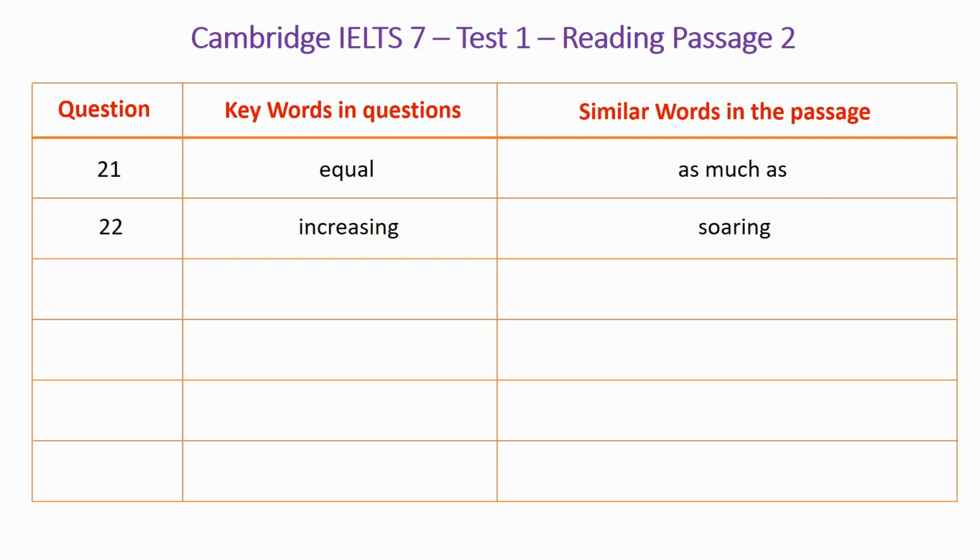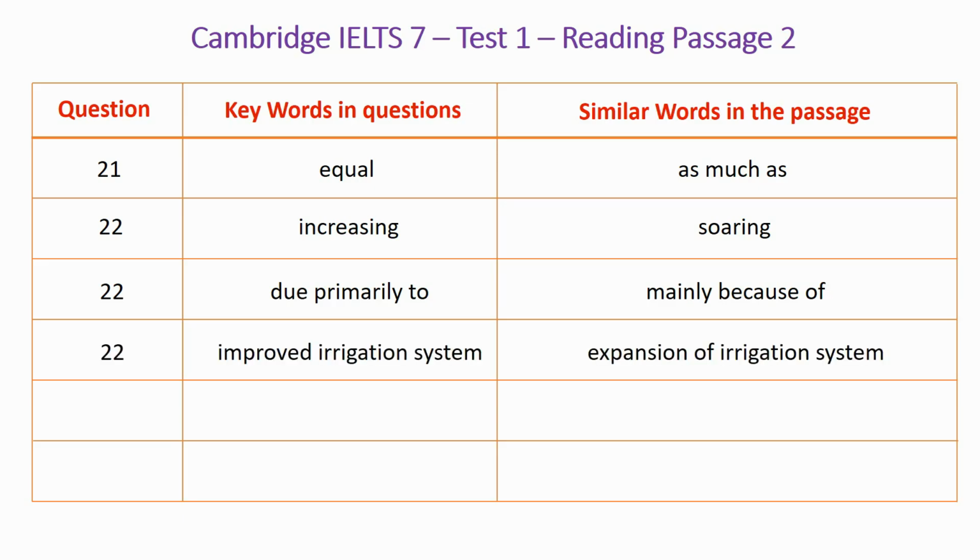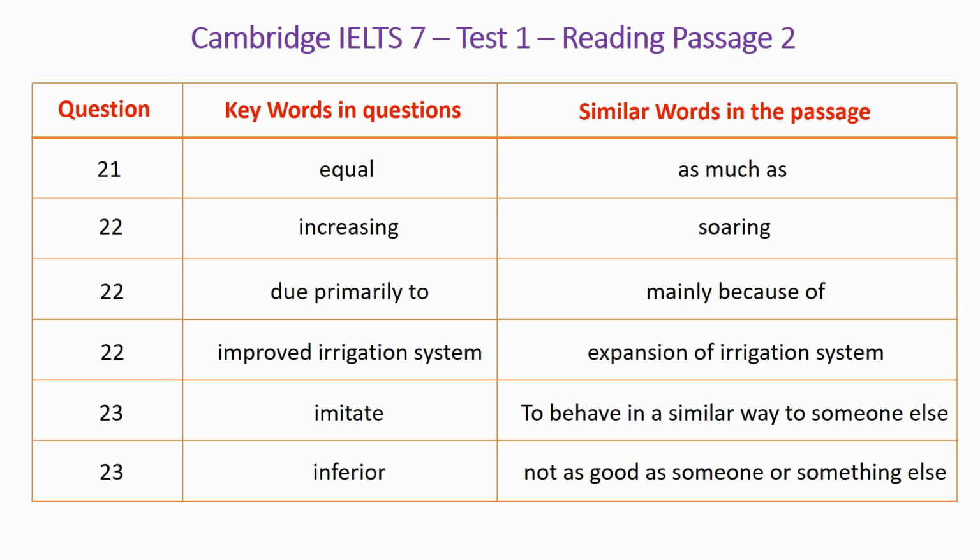Increasing, soaring. Due primarily to, mainly because of. Improved irrigation system, expansion of irrigation system. Imitate, to behave in a similar way to someone else. Inferior, not as good as someone or something else.